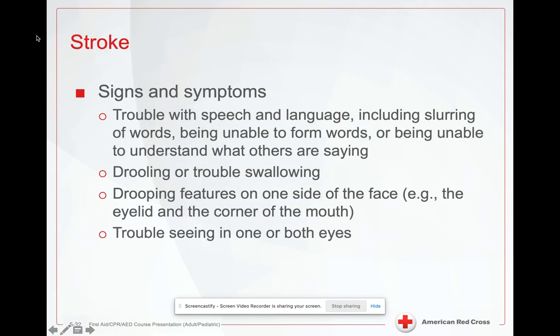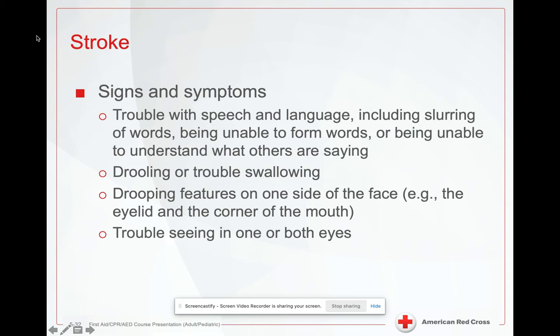All right, so a stroke, signs and symptoms of a stroke. They're going to have trouble with speech and language, including slurring of words, being unable to form words, or being unable to understand what others are saying. They may drool or have trouble swallowing, may have drooping features on one side of the face, i.e. the eyelid or the corner of the mouth.